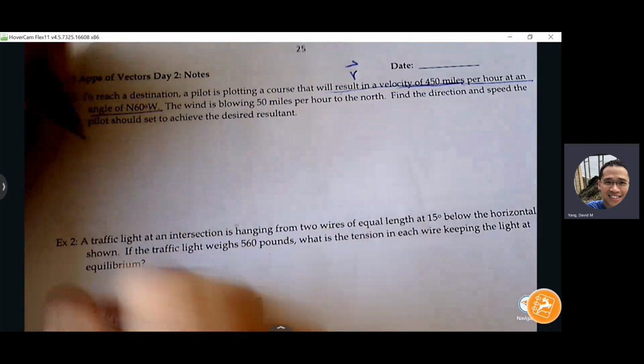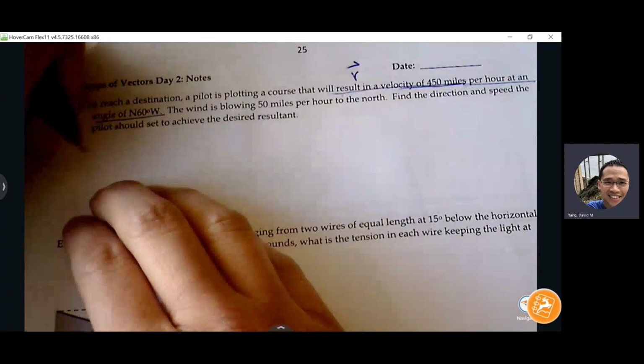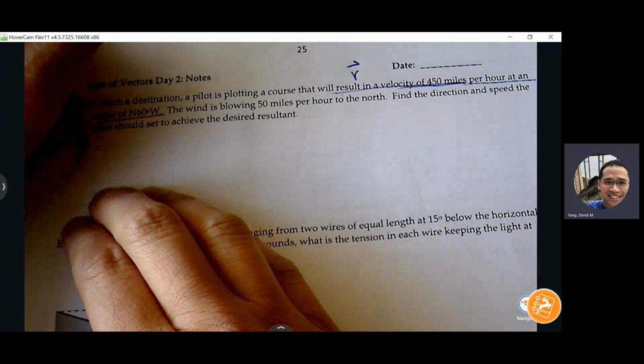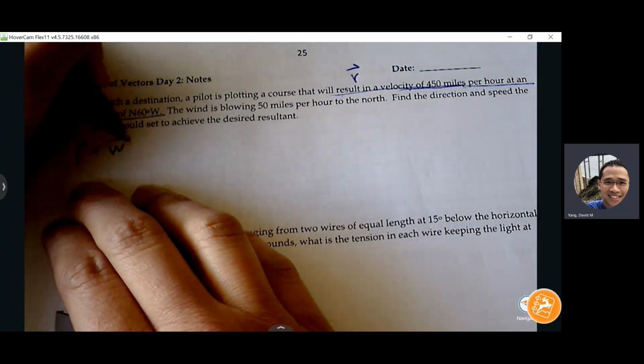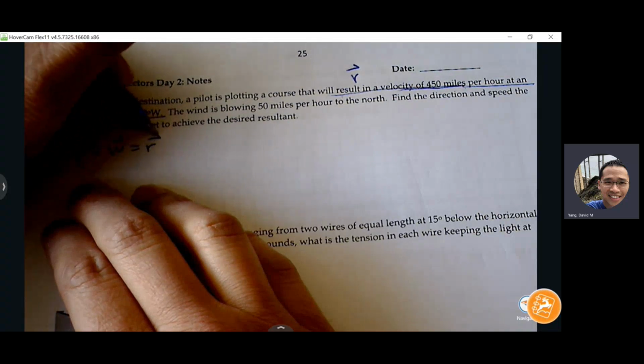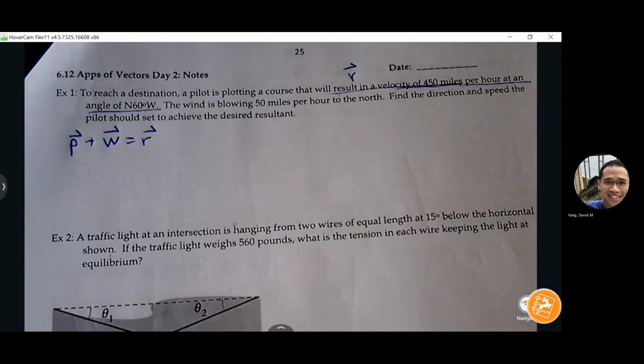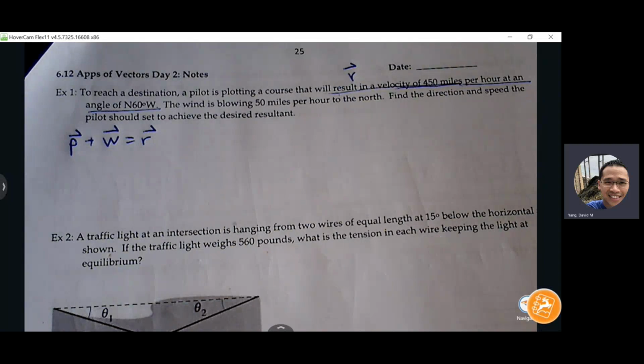But we can set up using the same formula, right? We know that the vector for the plane plus the vector of the wind is going to give us the resulting vector. Okay, so we have information about the resulting vector. We have information about the wind vector. We just have to work backwards to figure out what is the vector for the plane.